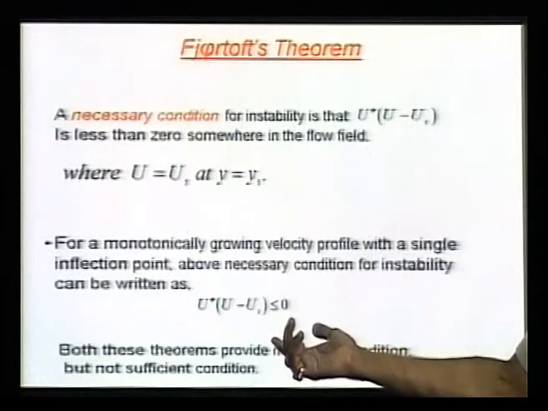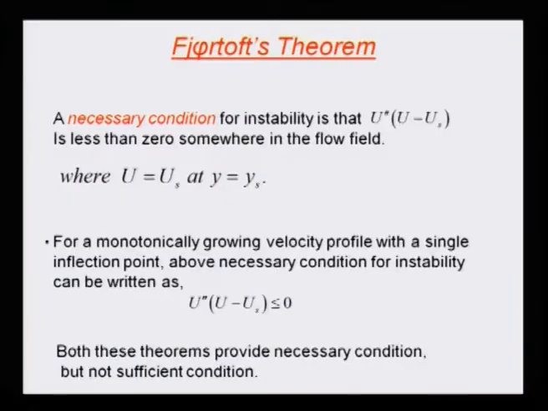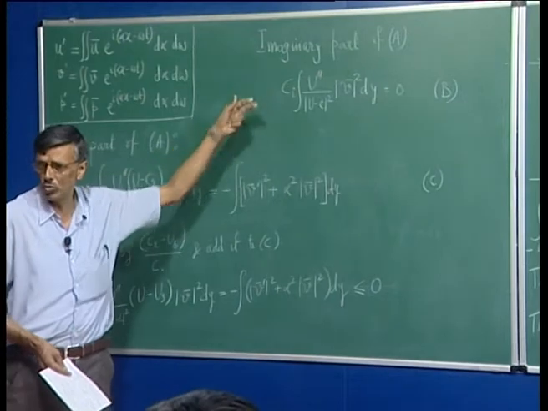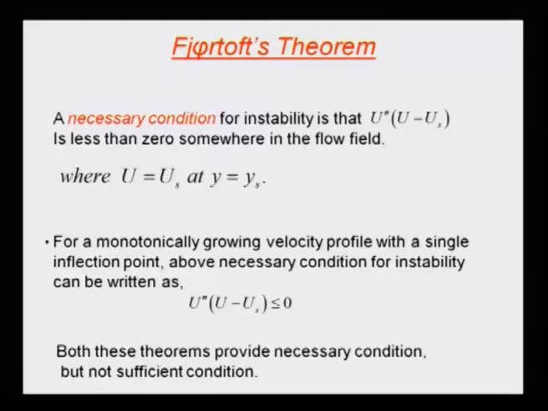Rayleigh's inflection point theorem is also a subset of it, because that equation has been used in arriving at this. Okay. So, that is what is known as the inflection point theorem of Rayleigh and its improvement by Fjørtoft.